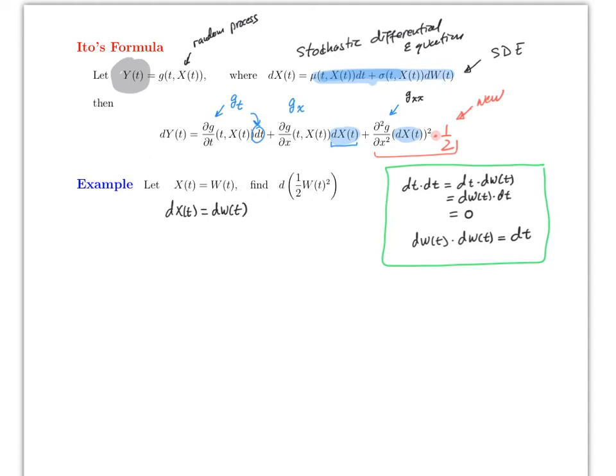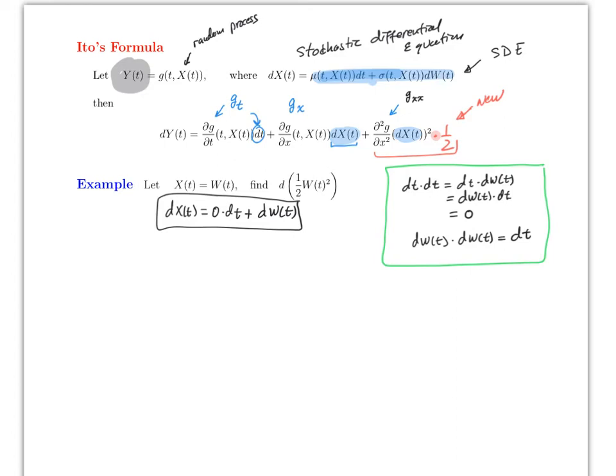This process doesn't have anything in front, it only has the second part. So this is the most basic one. Actually, it probably would make more sense to write it this way: dX_t will be equal to 0 dt plus dW_t. So this always has to be given, otherwise you won't be able to do the problem.